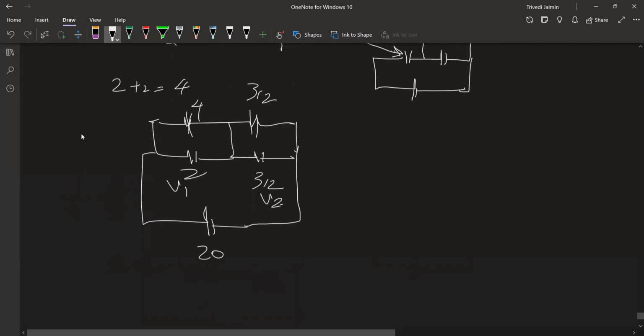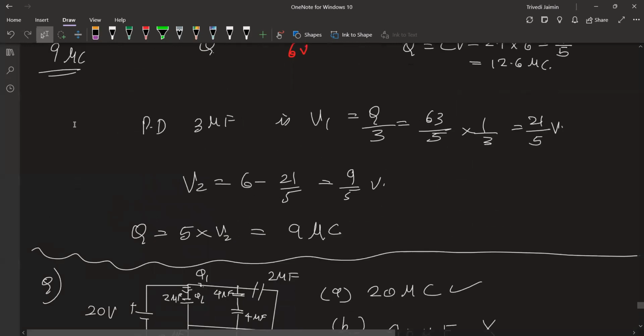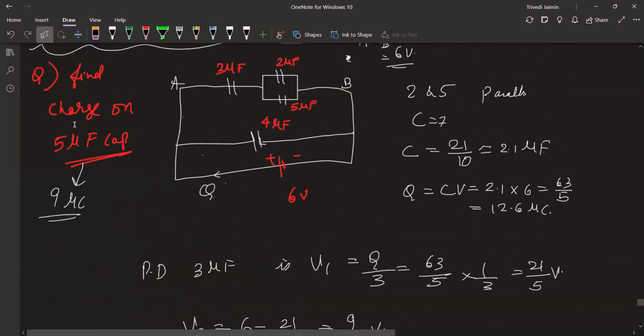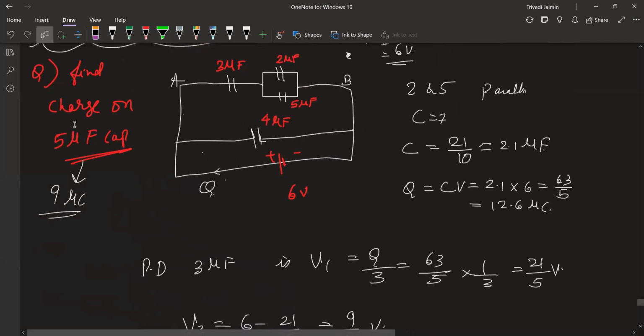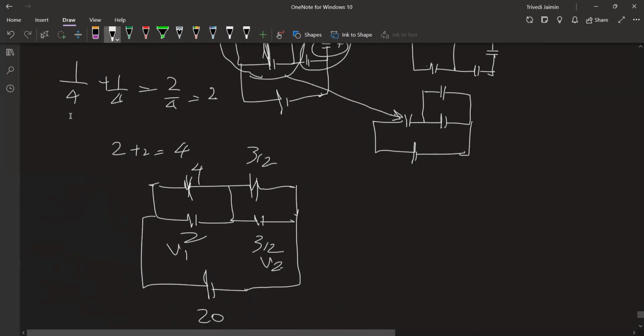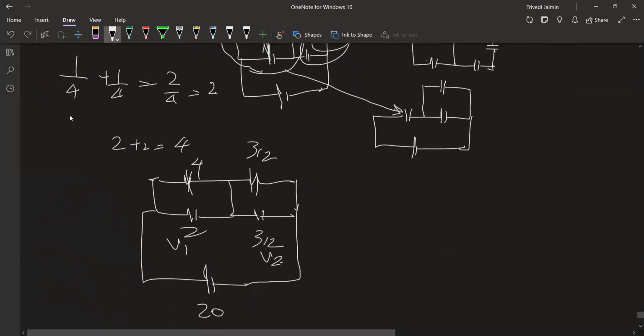Okay, so same thing you can follow up with the first previous question now. V1 and V2, find out V1, V2. It is the same thing, right? See this part? Same thing, solve this one, means if I remove this, it will be 6.